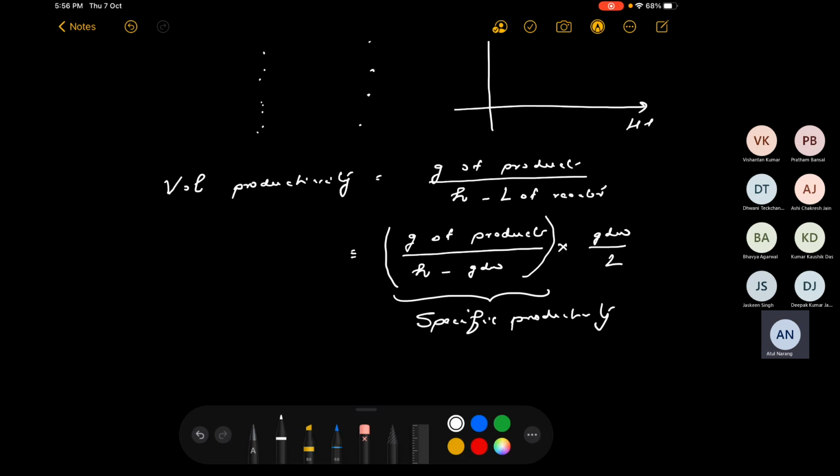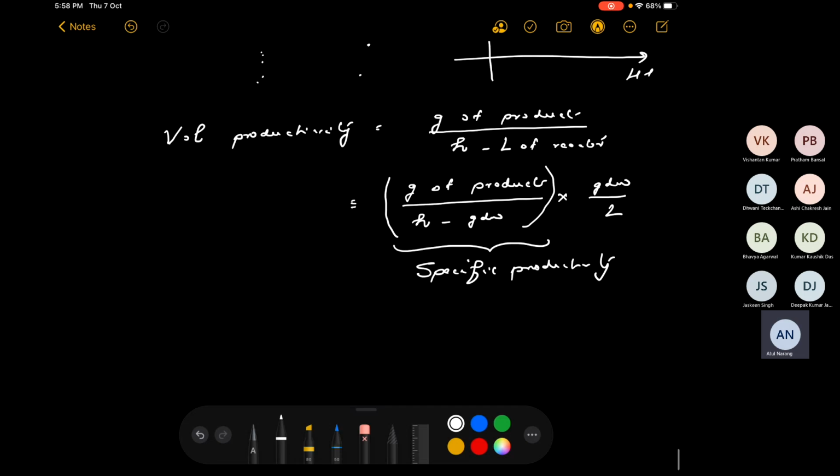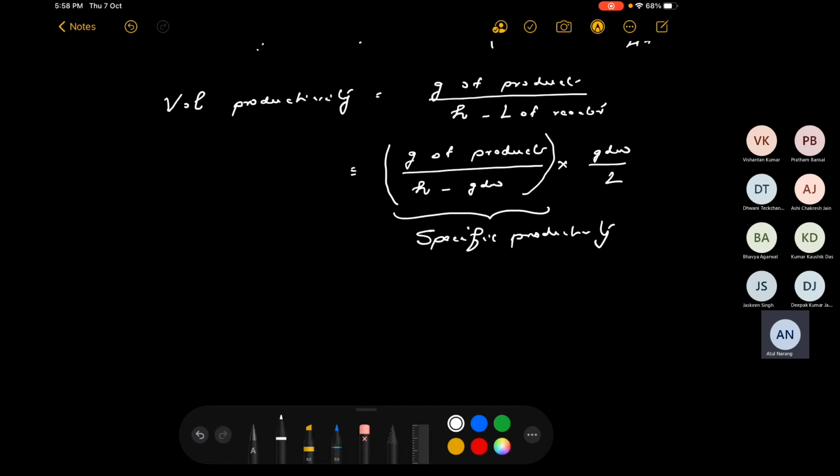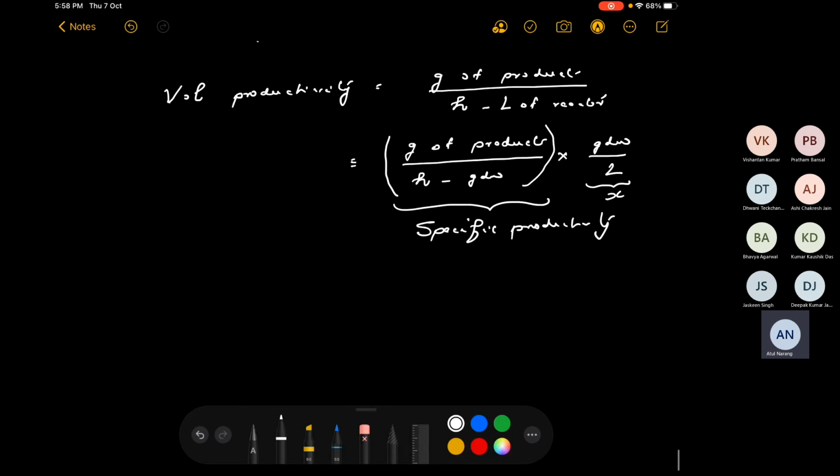The moment you see the word specific, you know that it is based on the total dry weight. For example, specific activity is how many units of enzyme you have per gram dry weight. If you just say activity, it is how many units you have per milliliter of culture. So volumetric productivity is specific productivity multiplied by the biomass concentration.